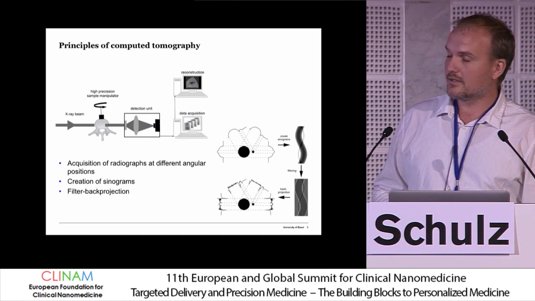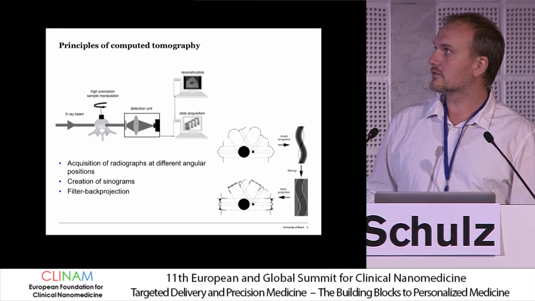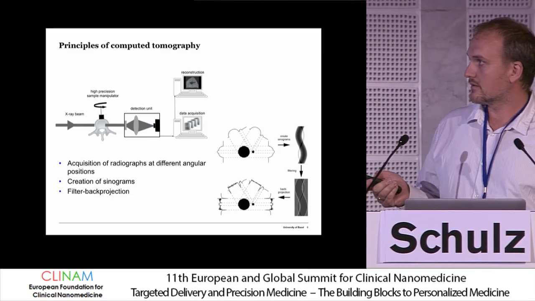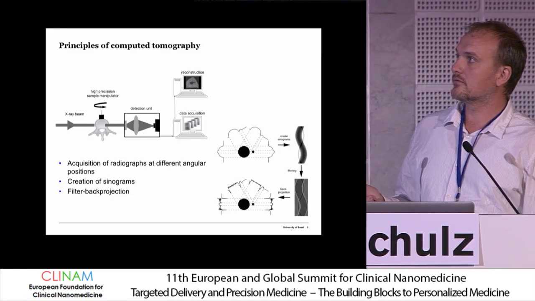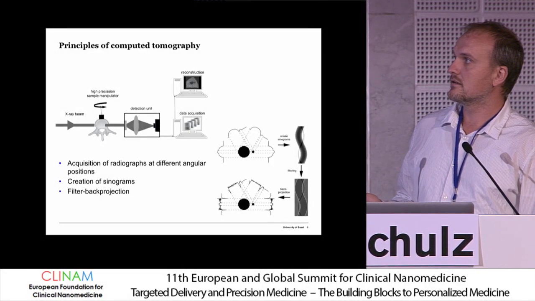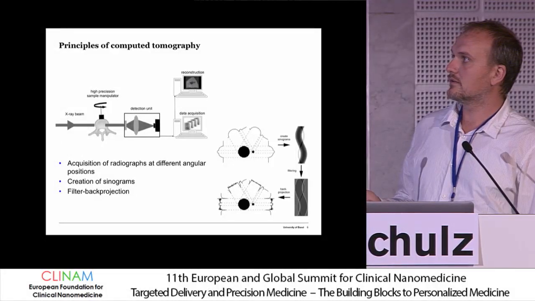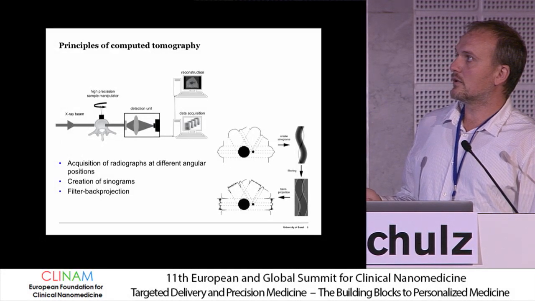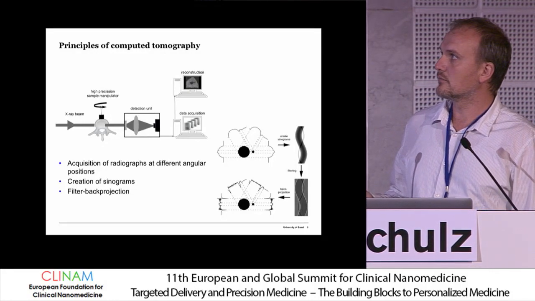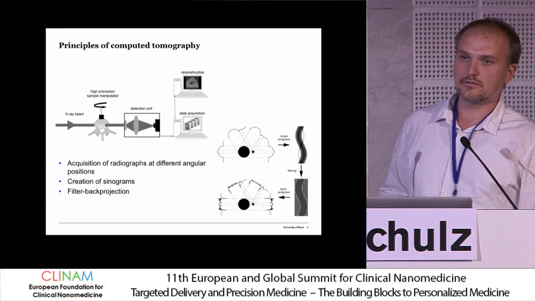At the beginning, just a really short introduction to the principle of computer tomography. Here you can see a typical setup, where you have the sample mounted on a high precision rotation axis. From the left, you have the beam and a detection unit. One computer acquires the data, and then you have a second computer where you can reconstruct.